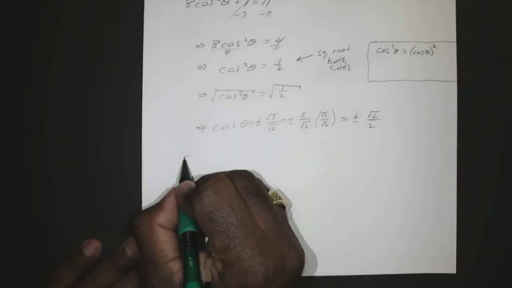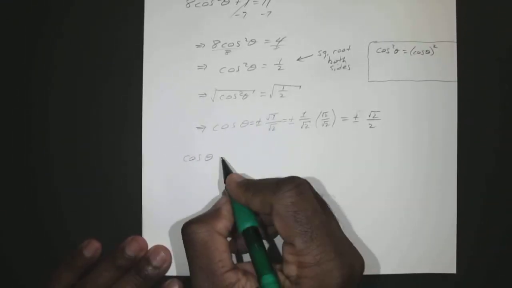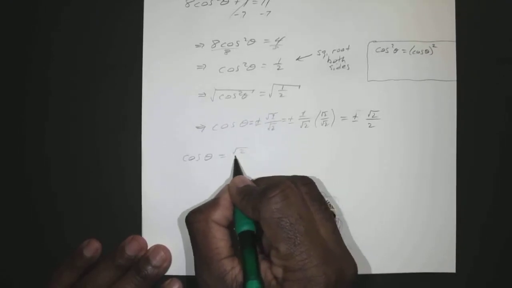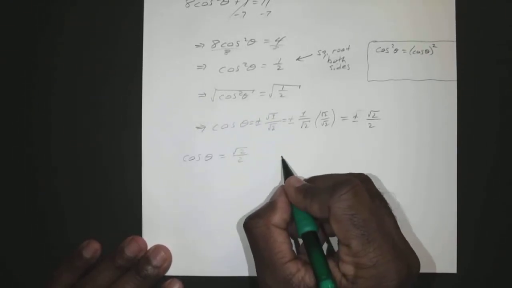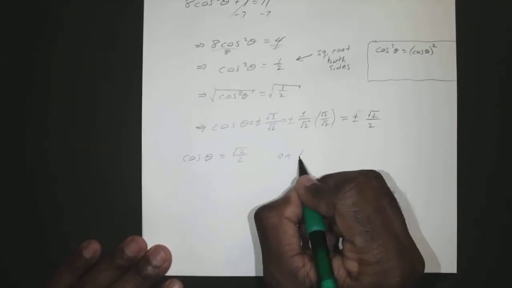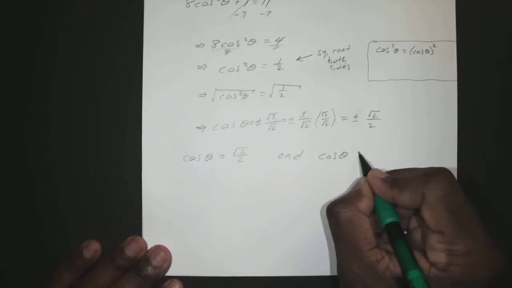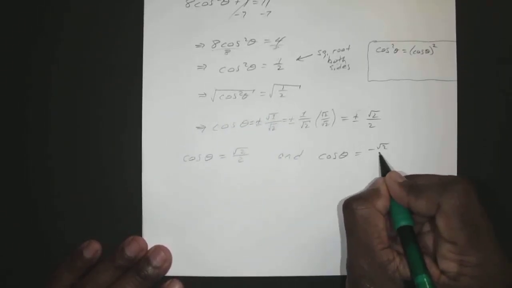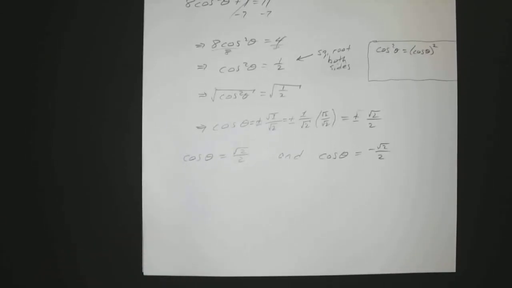Okay, so we know that cosine of theta can equal square root of 2 over 2, and cosine of theta can equal negative square root of 2 over 2.